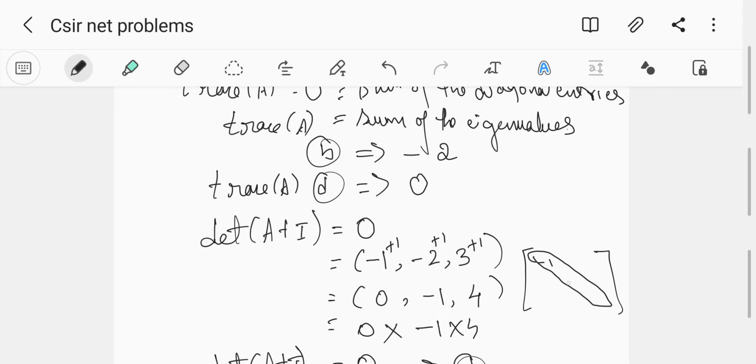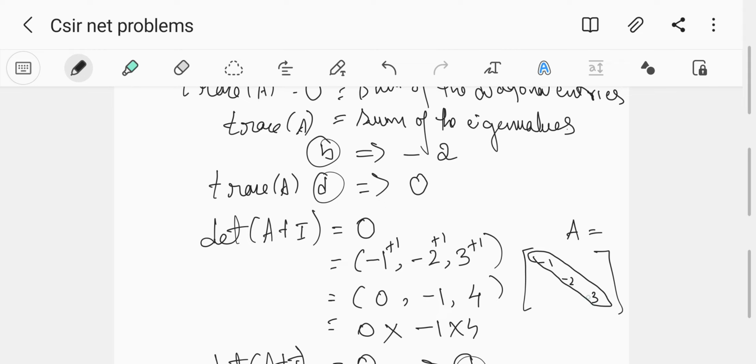Here -1, -2 and 3 are the eigenvalues lying in the diagonal, since they are real and distinct. So when you take the product of the eigenvalues, you get the determinant of A, and when you sum the eigenvalues in the diagonal, you get the trace of A.